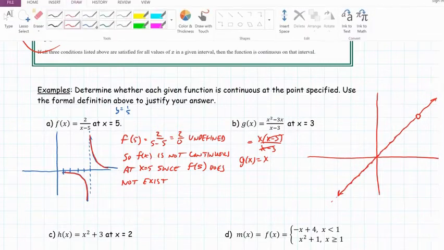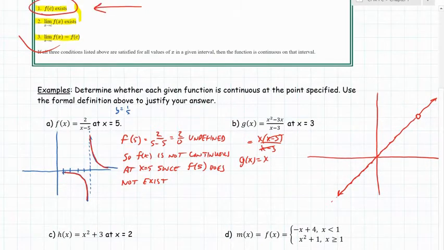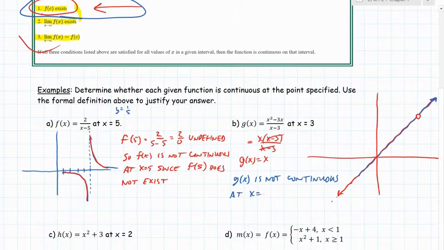We can see when we're tracing along this graph, we have to lift our pencil when we get to the hole to get to the other side. And anytime we have to lift our pencil, there is a discontinuity. And the reason, again, is step one failed. So we can say g of x is not continuous at x equals 3, since g of 3 does not exist.